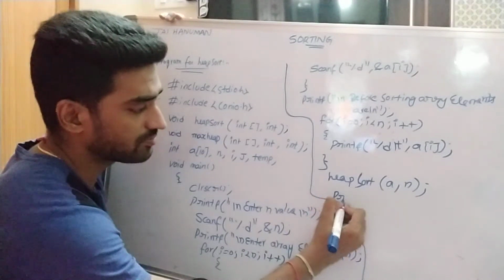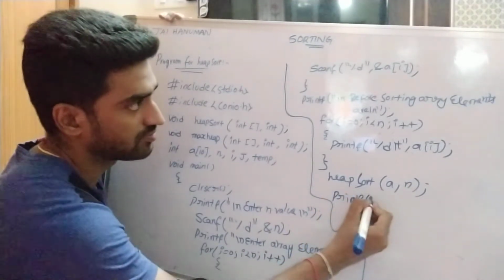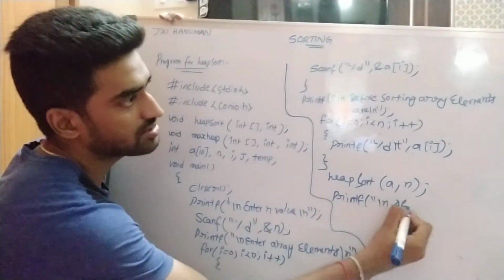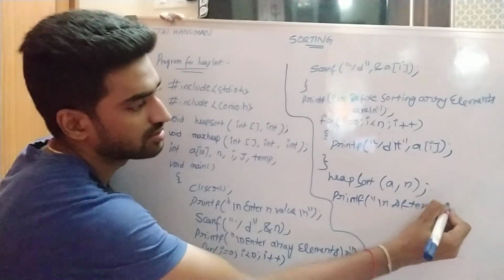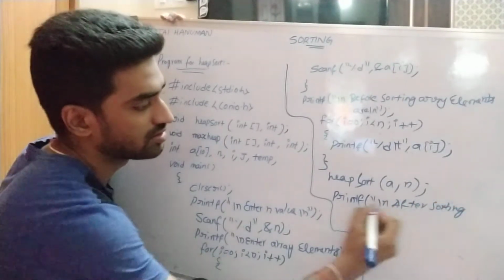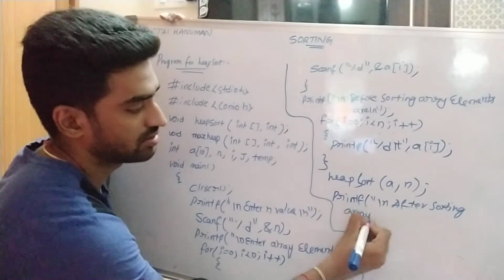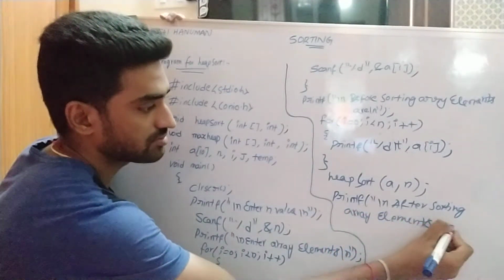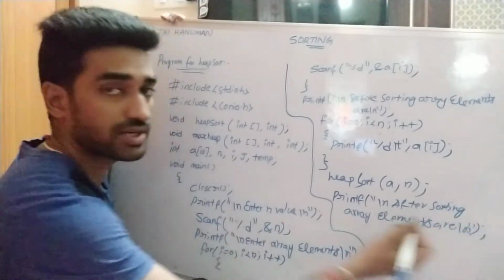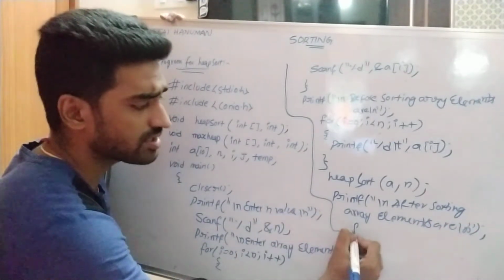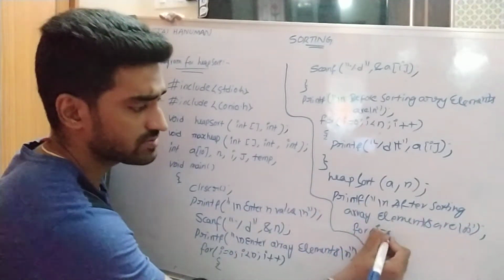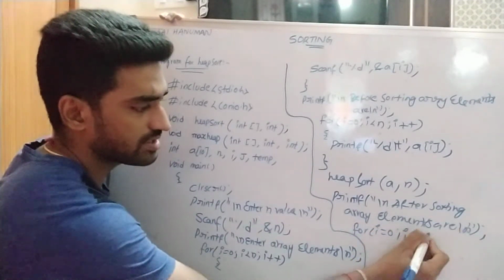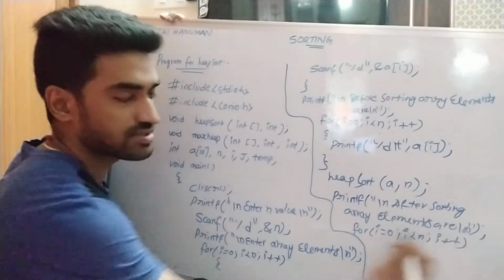So printf, after sorting, array elements are: the same operation is performed repeatedly. For that purpose we use the loop i equal to 0, i less than n, i plus plus.